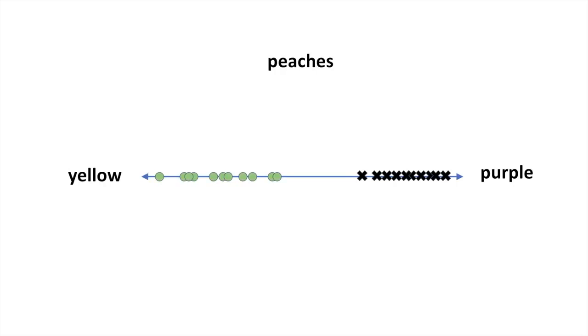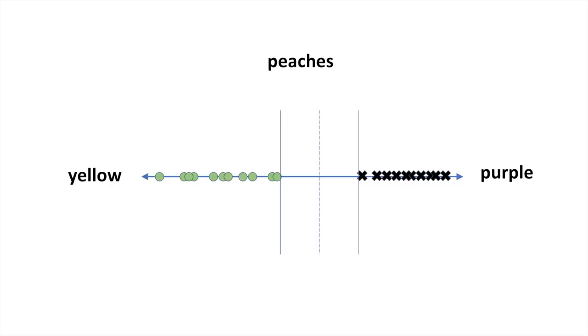And before long, you have a data set that looks like this. The green circles all show good peaches, the black X's show bad peaches. Now that you have all this data, you would like to make a prediction. Based on a peach's color, do you expect it to be good to eat? Support vector machines allow you to do this. And what they do when you have two groups of data is they put what looks like a road in between them.